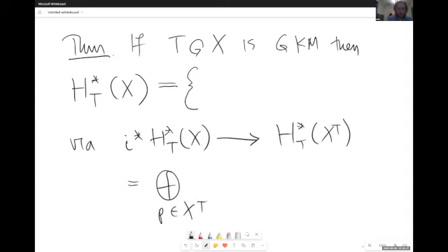via the map, right? If X is a space, it has a torus action. The fixed point set is finite. That was the assumption.